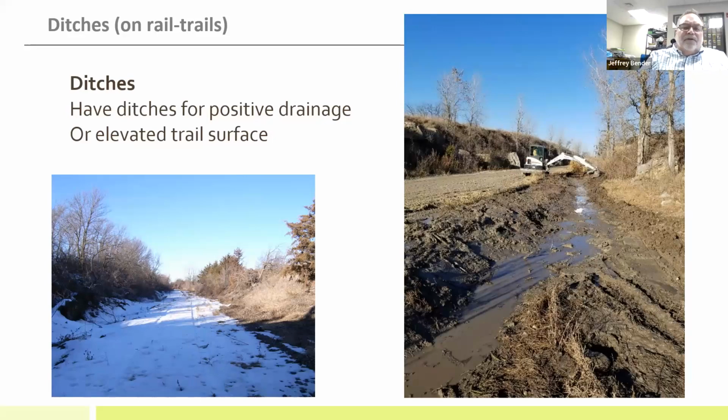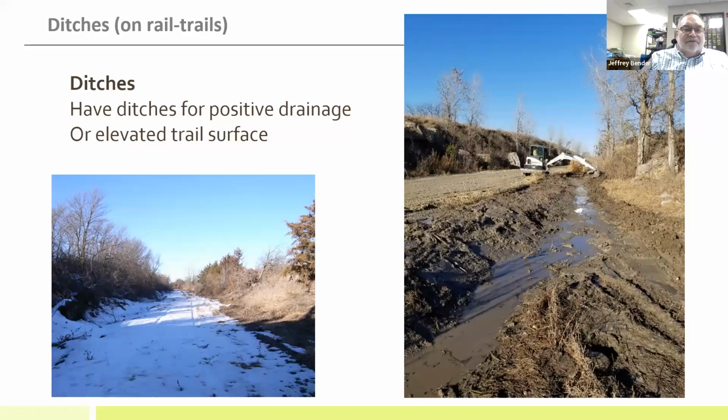But for the bigger trails, for bigger pedestrian trails, like rail trails, Kansas, we all know, is not flat, but there are definitely flat places. And rail trails are an example where the trail itself is pretty much always flat.